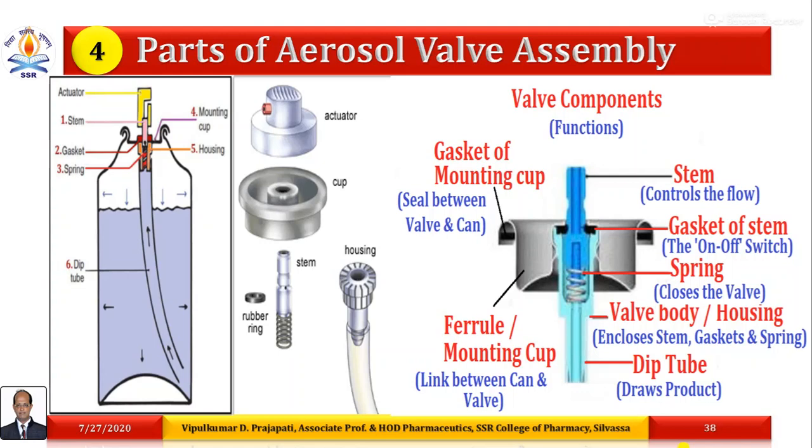So when not in use, it is closed. Valve body or housing encloses the stem, gaskets and spring. Ferrule or mounting cup provides the link between can and valve. And last, the dip tube helps to draw the product from the aerosol container to outside.